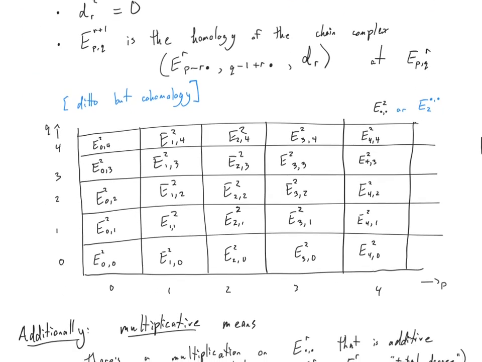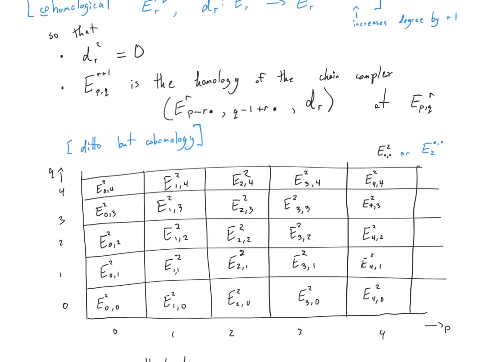So here I've drawn a page of the spectral sequence. Sorry, this is the second page. I wrote E2, so this is the second page. A lot of spectral sequences begin at either the first or second page, and then you get the subsequent pages by taking homology.